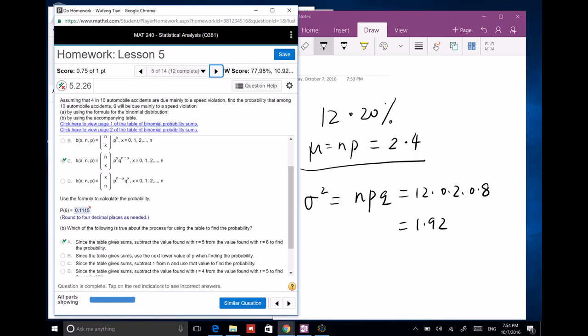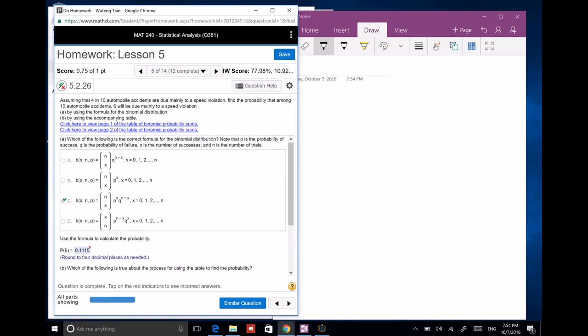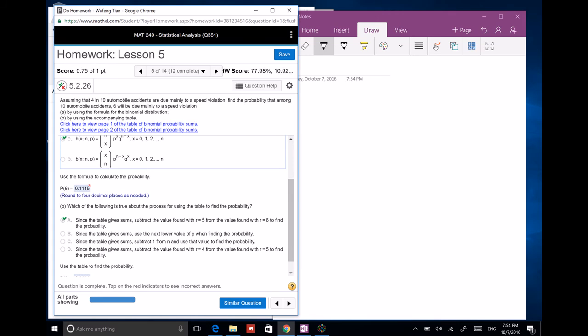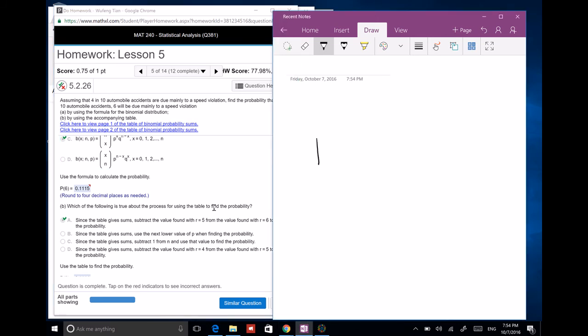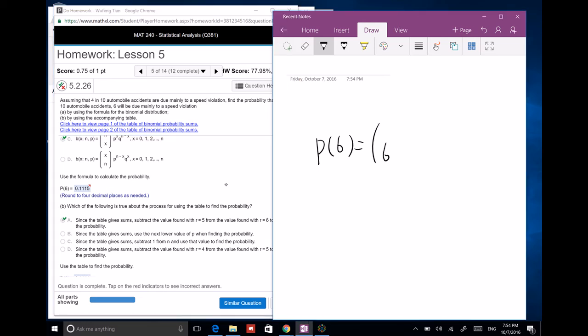Okay, so next one, let me see. Next one is binomial distribution. First is the formula to calculate probability. So basically you find out P(X equals 6). You choose 6 from 10, and the probability is 4 out of 10, so 0.4.